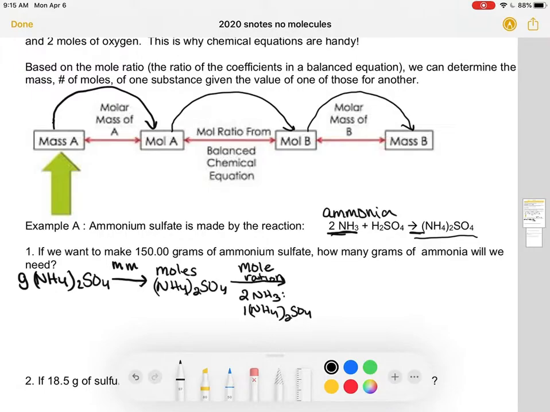You can use that mole ratio to get the number of moles of NH3. Now that we know our number of moles of NH3, we can use its molar mass to tell us how many grams of NH3 were required.